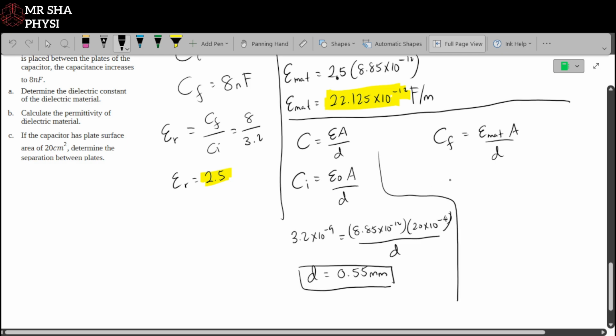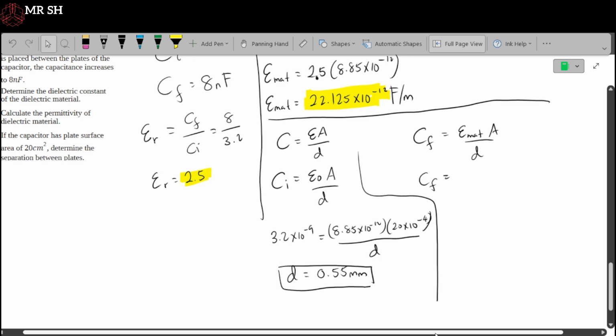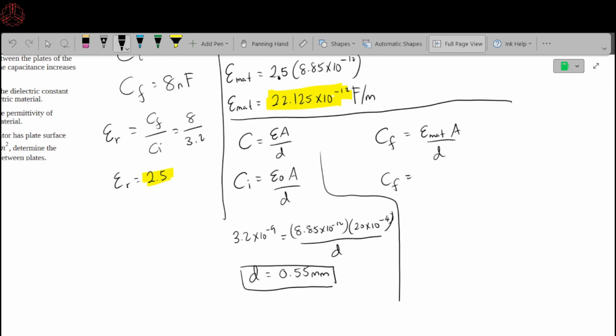Similarly, I can do the same for Cf. Okay, but this time, instead of using 8.85, I have 22.125. So it's going to be 22.125 times 10 power of negative 12. Area is still the same, 20 times 10 power of negative 4.